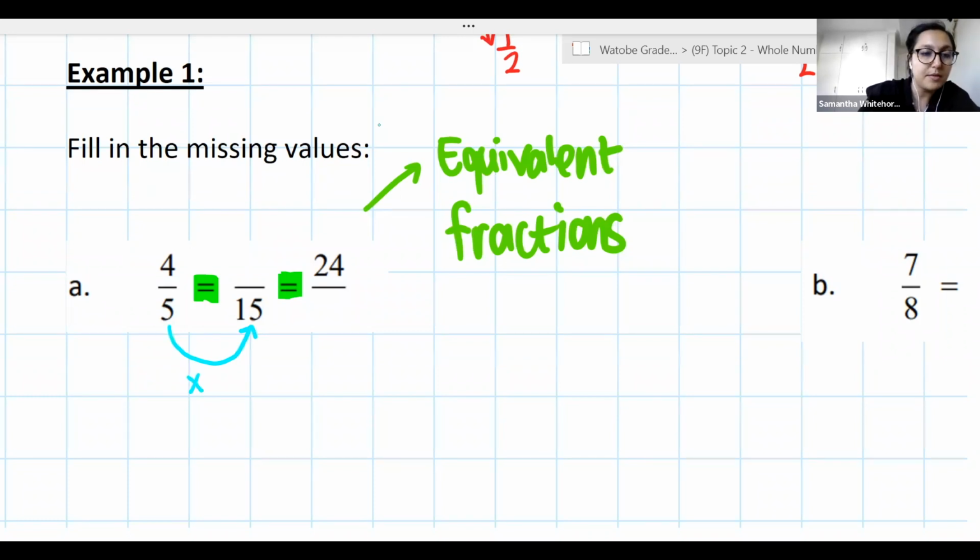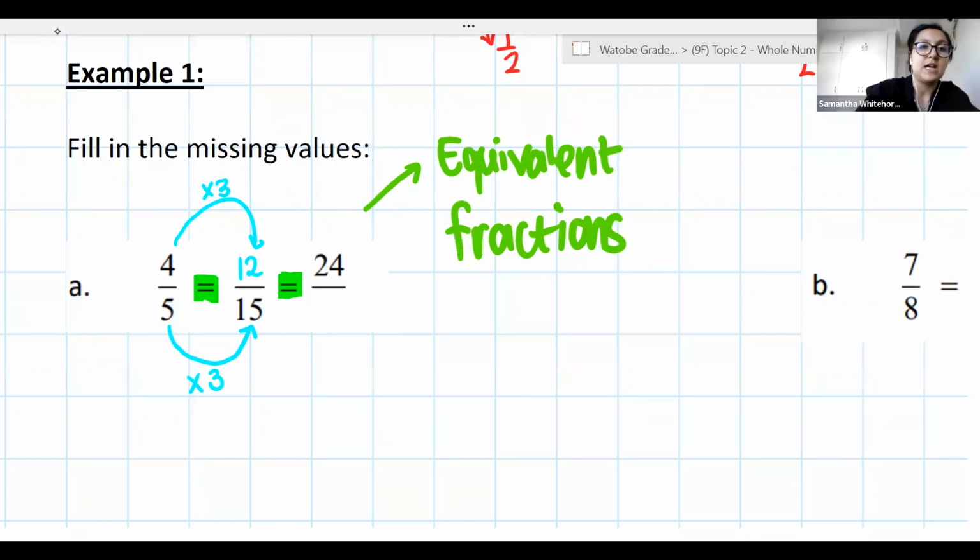Well, if I multiply that by 3, 5 times 3 is 15. Now, the reason we ask ourselves that is because we can then apply exactly the same method to my numerator. And as long as I'm multiplying my top and my bottom by the same amount, I'm keeping that fraction within the same ratio. I'm keeping it equivalent. And so an equivalent fraction to 4/5 could be 12/15.